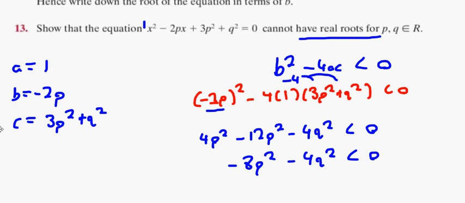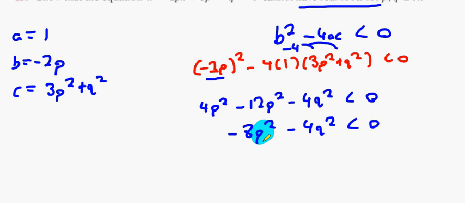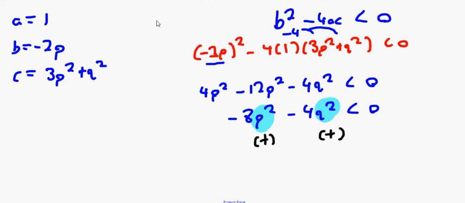What can we say about p squared and q squared on their own? They're guaranteed to be positive. So, what can I write down here?